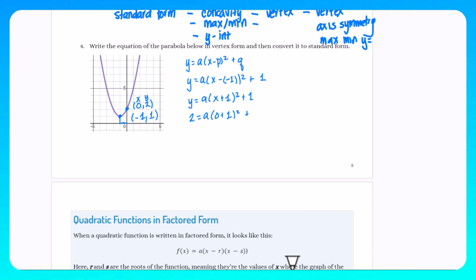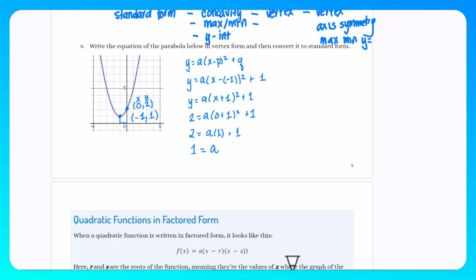I'm going to simplify and solve. So that means 2 equals a times (0 plus 1) is 1. 1 squared is 1, so really it's like multiplying this by 1. Then we have that 1 on the end. We're going to subtract that from both sides. So in that case, a equals 1.